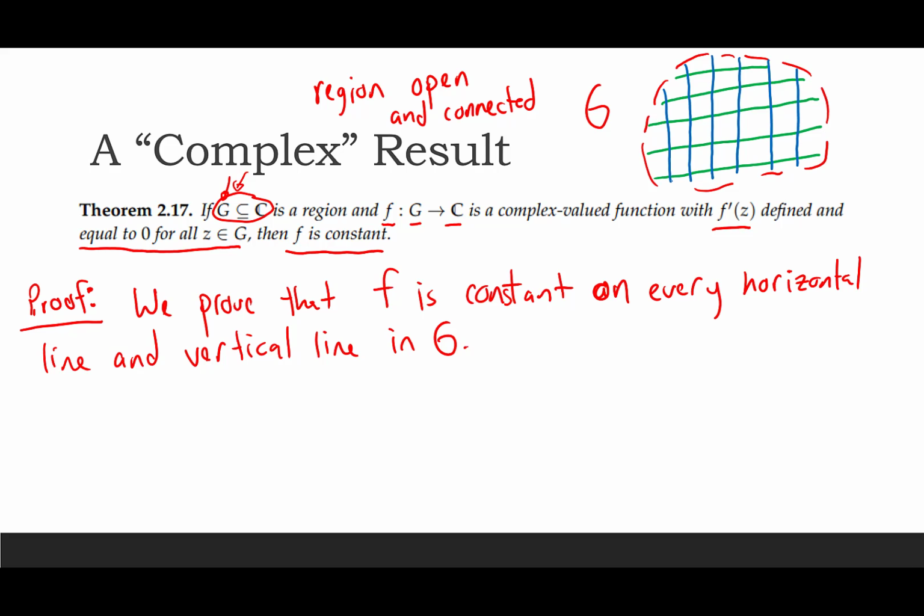If we can show that f is constant on all of our horizontal green lines here and all of our vertical blue lines here, then, let's say that the value on this green line right here, the output, is C. Well, since this green line intersects all of these blue lines, that means that the output on all these vertical lines, I'm going to color them in green on purpose here, are all C as well.